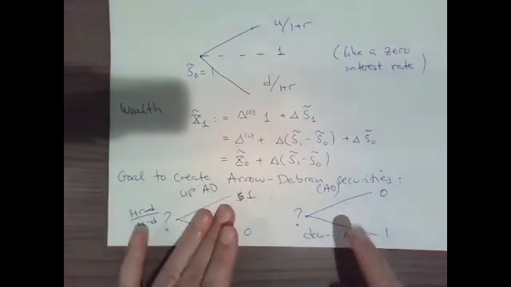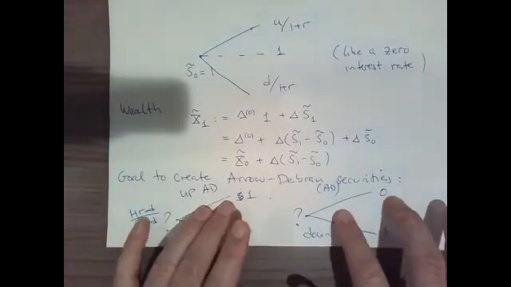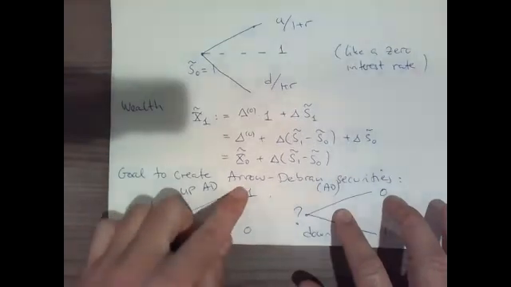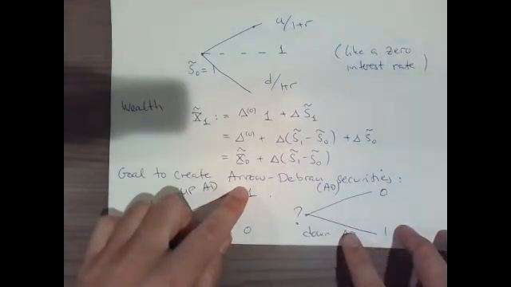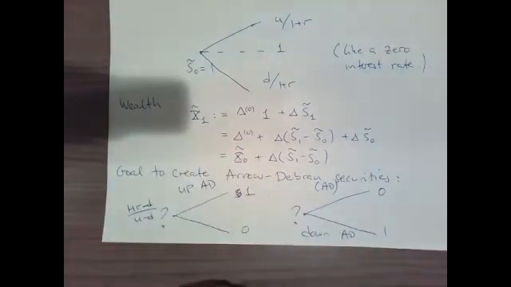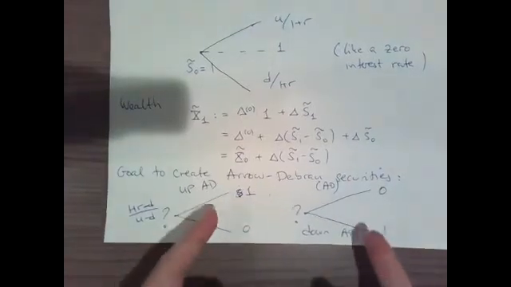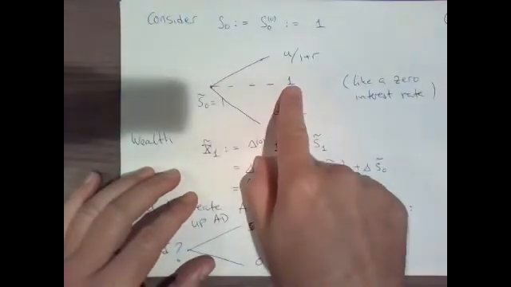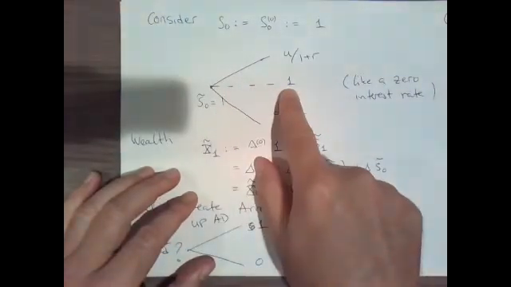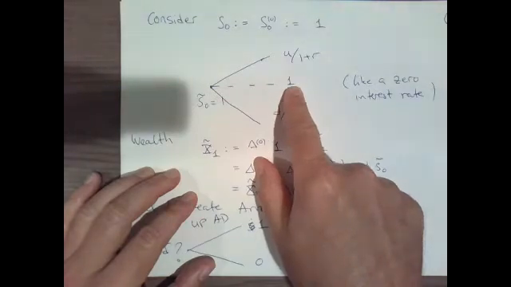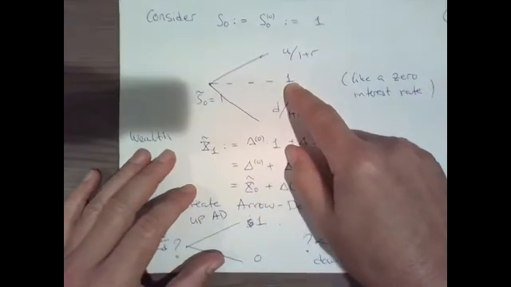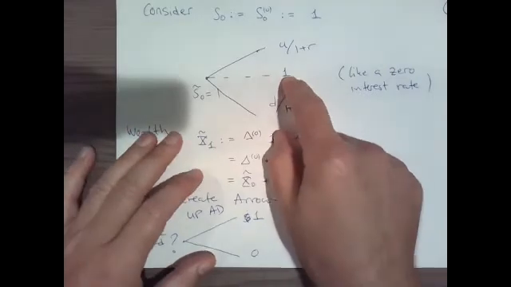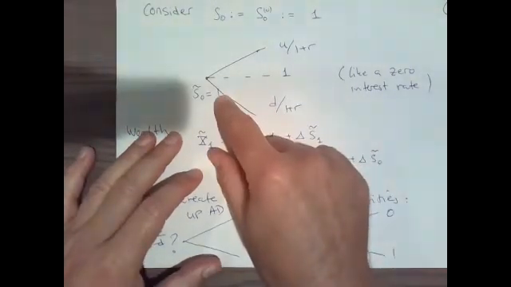If I buy one of these and I buy one of these, then at the end, one is paying out $1 and one is paying out $1 in the opposite states. So if I hold a portfolio of these two, there's no difference between that portfolio's payoff and the payoff of the bank account. And so therefore the initial prices must be the same. And so what's the initial price of the bank account? Well, that was $1.